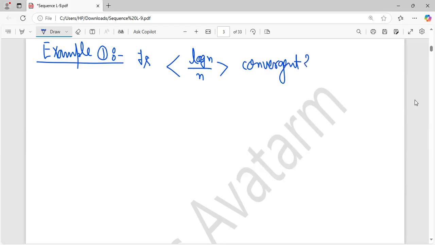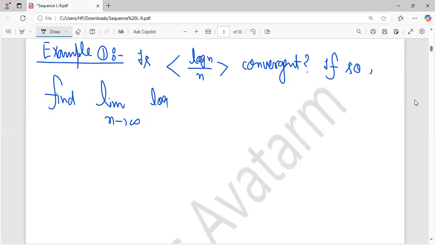If so, find the limit as n tends to infinity of log n upon n. If yes, find the limit of this sequence. Solution.